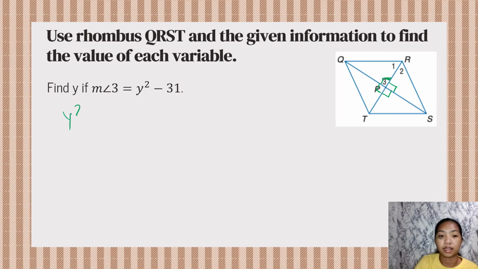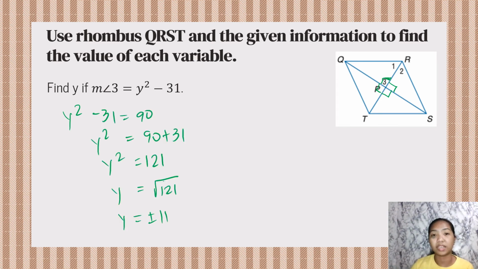So we can say that the measure of angle 3, which is y squared minus 31, is equal to 90. By solving, we get y is equal to positive and negative 11. We can consider both answers because if we substitute negative 11 into y squared minus 31, it will still give us a positive answer. So we have two answers for y, positive and negative 11.